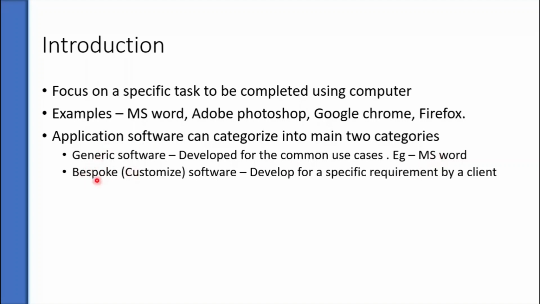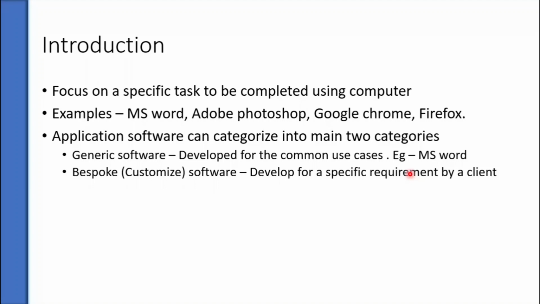Now the other application software category is bespoke software, or customized software. It's developed for a specific requirement by a client. That means the software is developed only for a specific client. We will give an example. Think of software used by British Telecom PLC, a company that would use it only within their company.